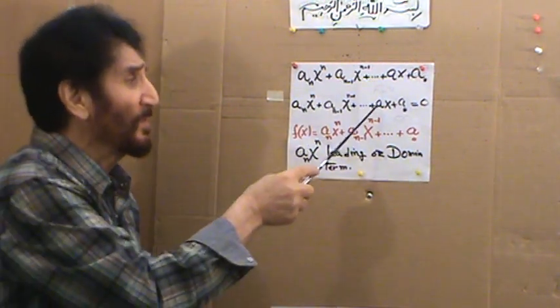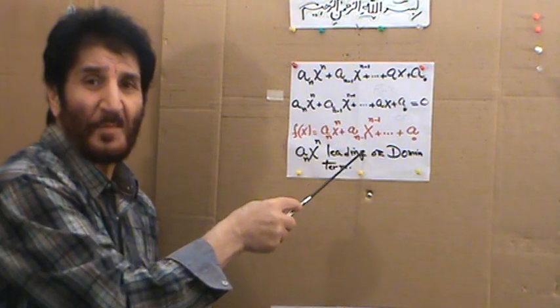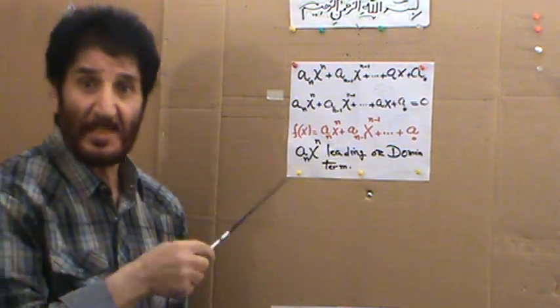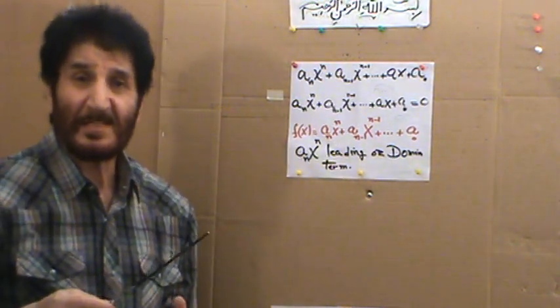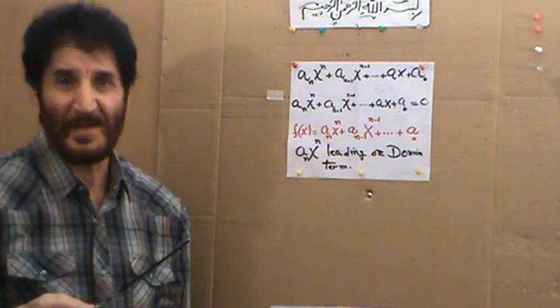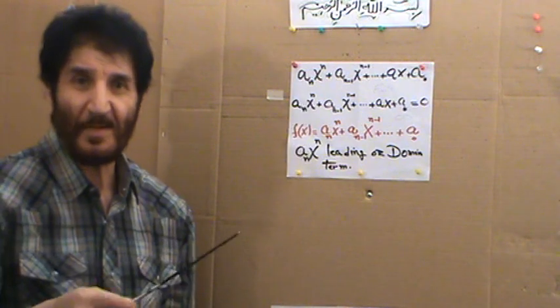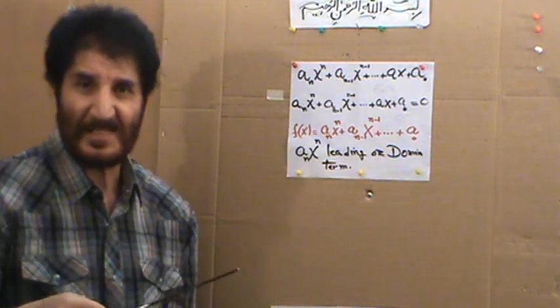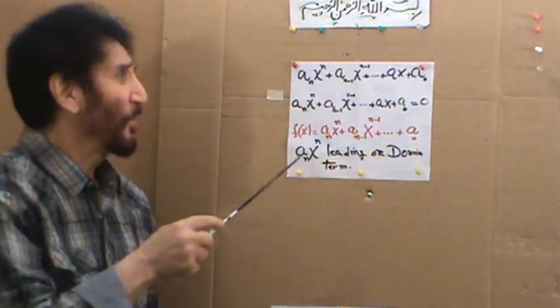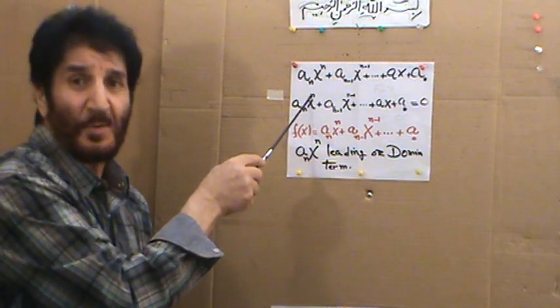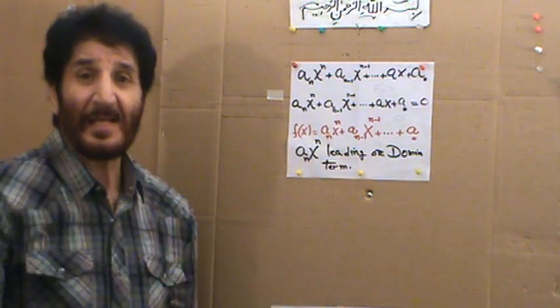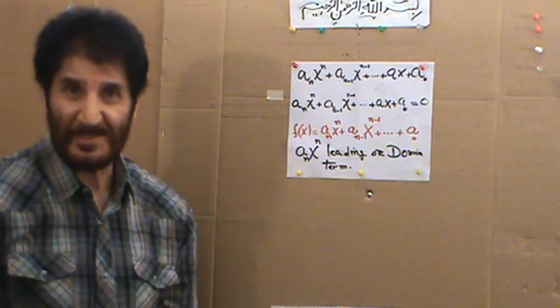The difference between a polynomial equation and a polynomial function is that a polynomial equation has a set of solutions that is finite. The cardinality of the set of solutions, cardinality meaning the number of elements that the set has, is finite. For example, if the degree of the polynomial is 7, then you will have 7 solutions.